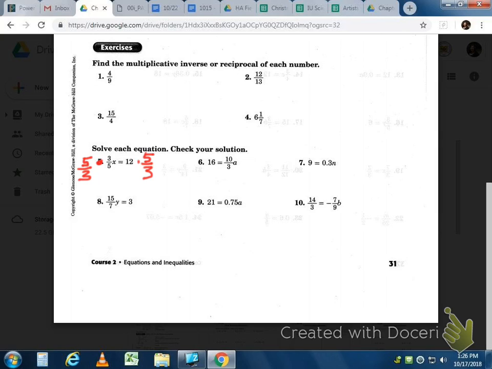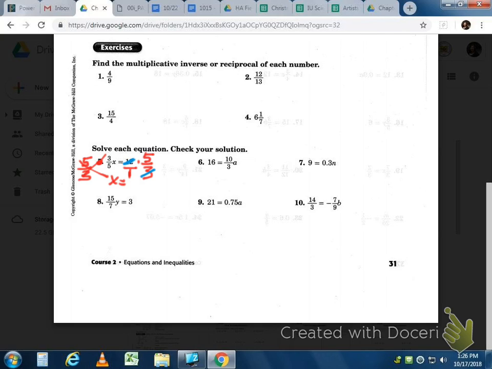Mason, over here on the left, the 5's cancel, the 3's cancel, I get x. But now over here on the right, this is where we have to do a little work. If I put 12 over 1, Mason, is there anything that cancels out? Not the 5 and the 1. The 1 is really as low as it goes. Anything else? Yep, the 12 and the 3.